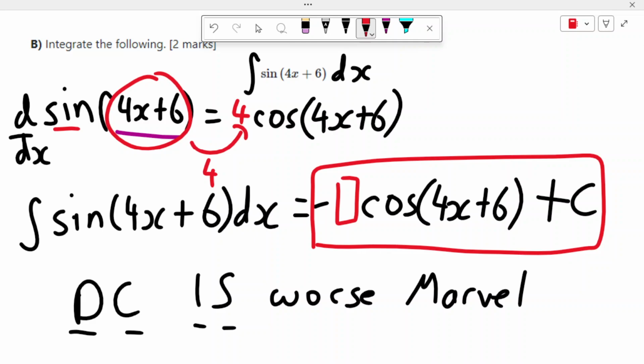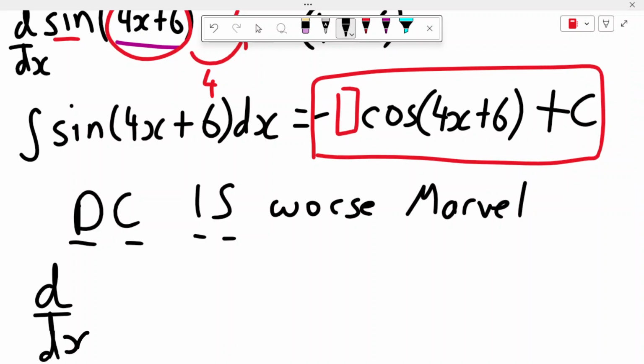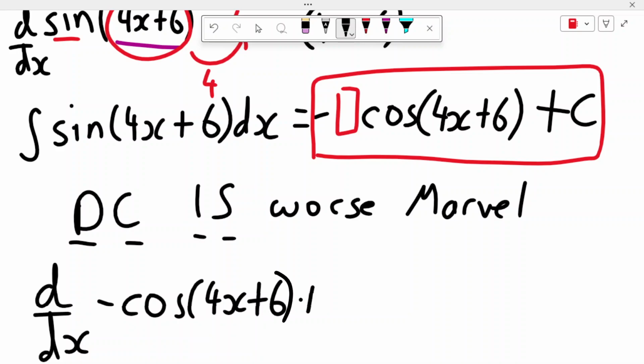So let me show you what I mean. So now, I want you to differentiate this thing here. And when you do that, our plus C is always going to go to 0.